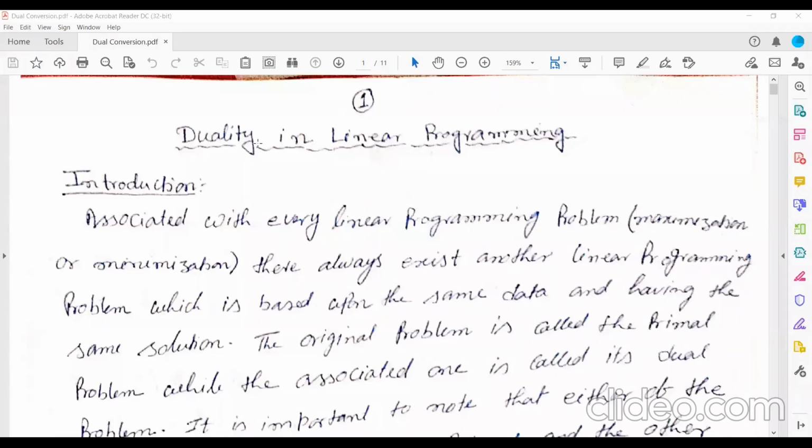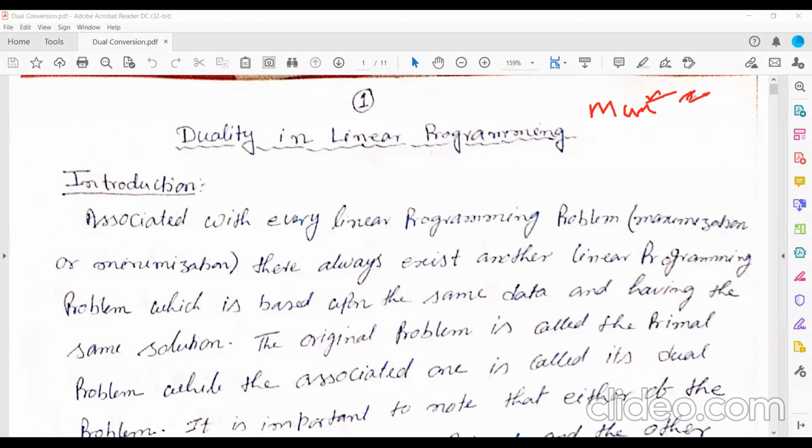Okay, so today we'll learn about duality in linear programming problems. So duality means what? You have one linear programming problem, and that problem has another linear programming problem associated with it. Suppose an industry has constructed one linear programming problem to maximize its profit.